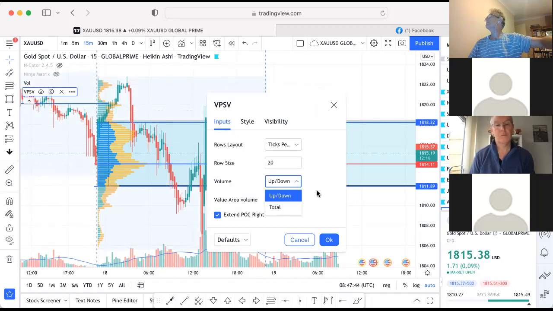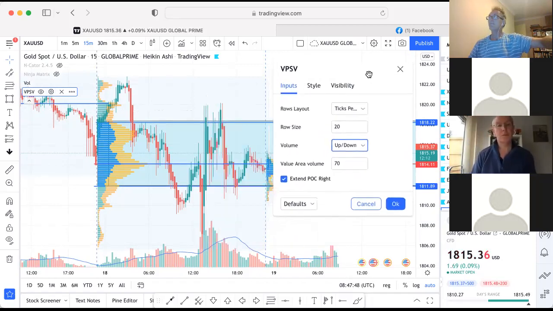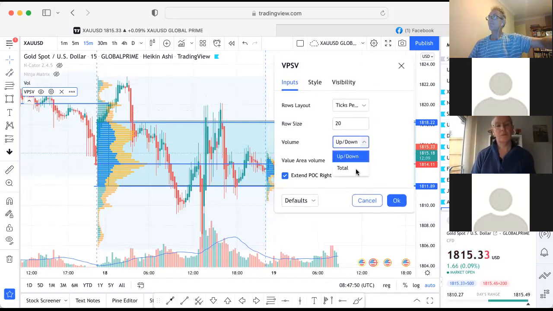You've got a choice on the volume. You can either have volume up and down, or you can have the total. So I'm on volume up and down, and the blue strips are volume up, and the yellow strips are showing volume down.